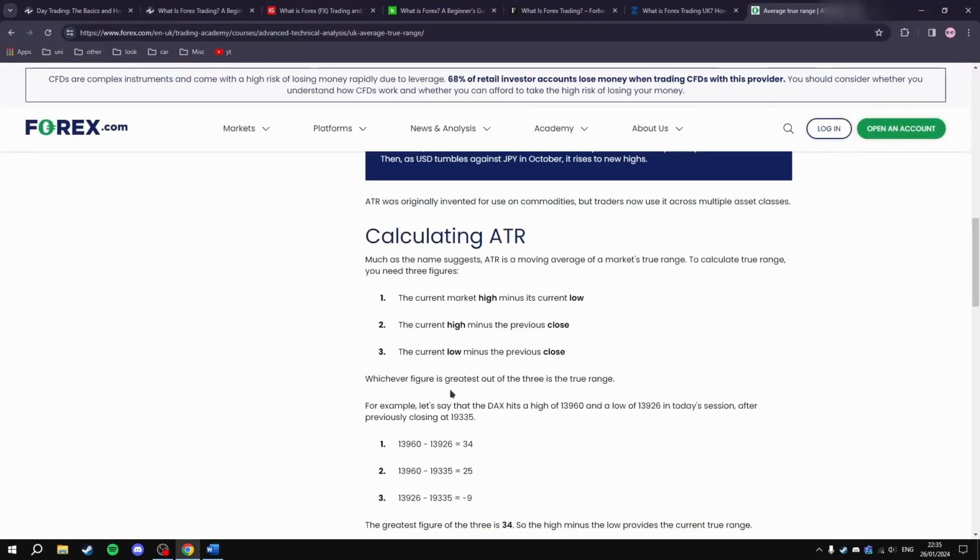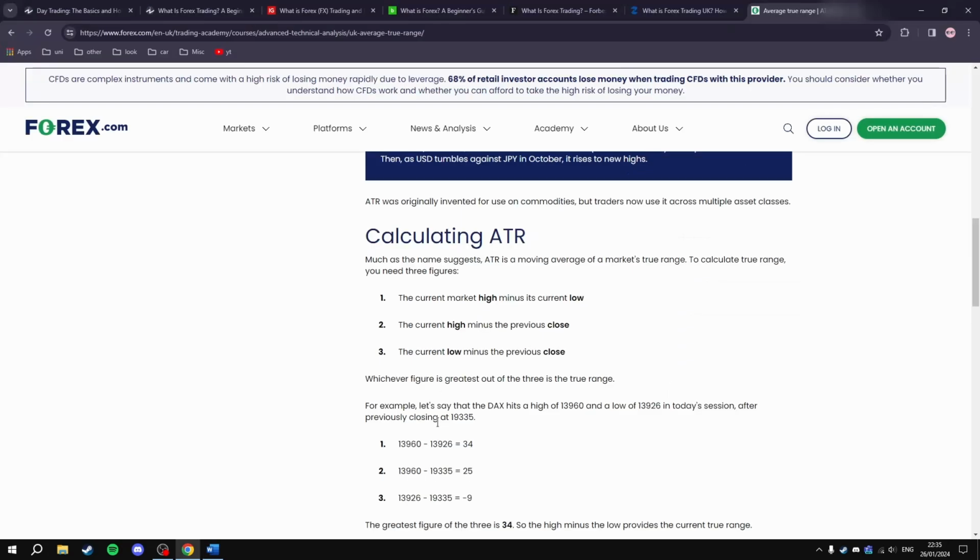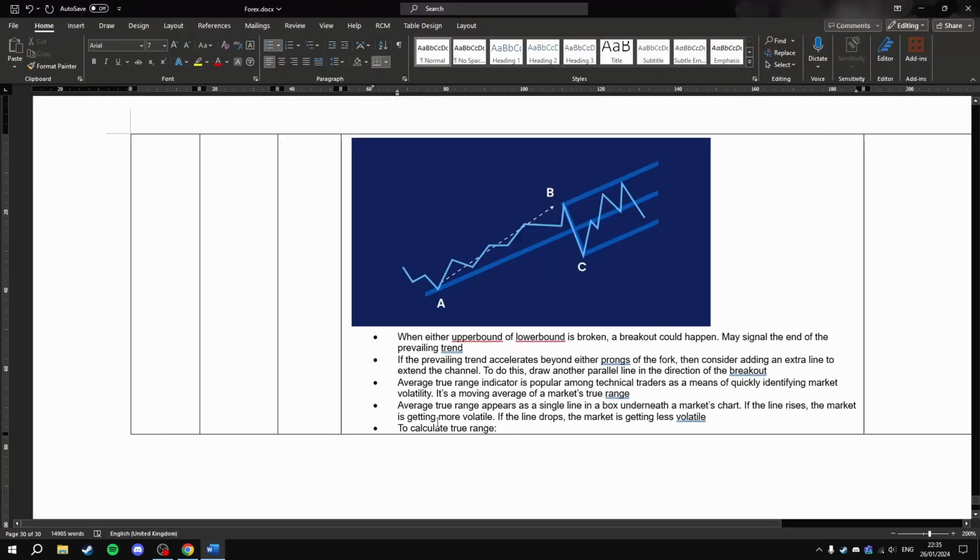To calculate the true range, you need three figures. Three figures are needed.